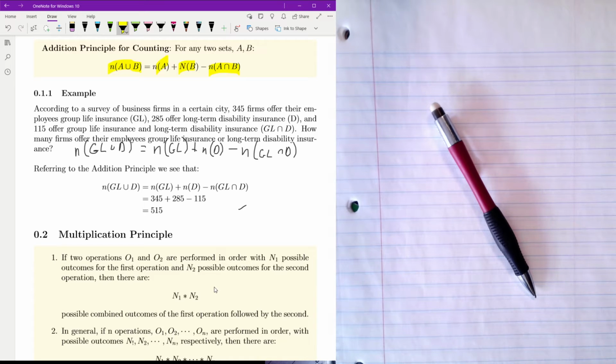So that would be 15 total different ways you could do that. That is the possible combined outcomes of the first operation followed by the second operation. And you can just keep adding these on. So basically multiply, multiply, multiply, multiply.